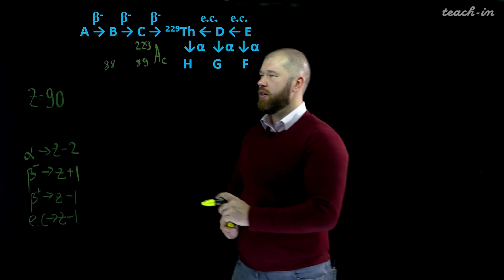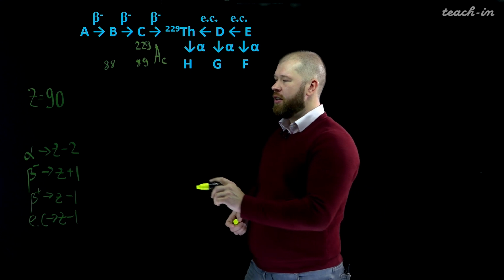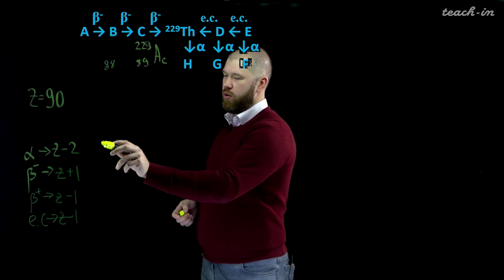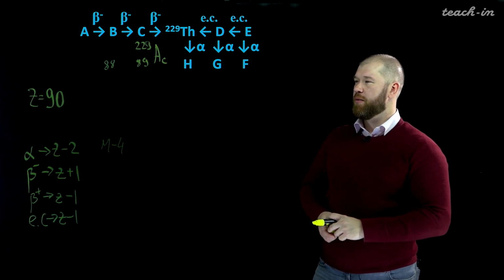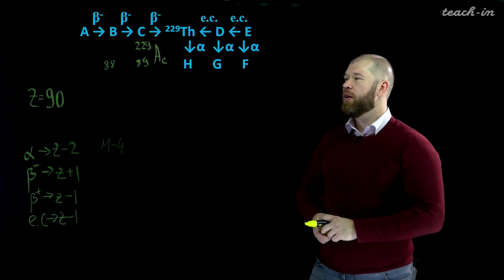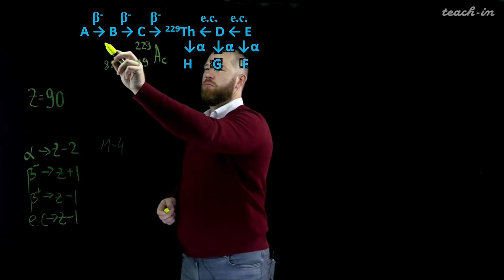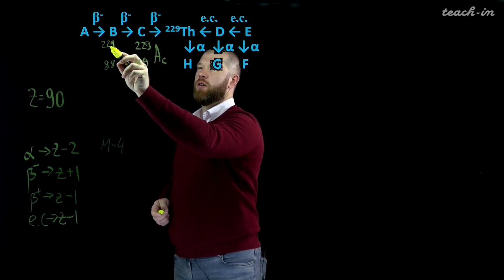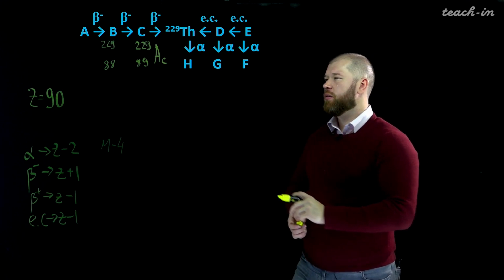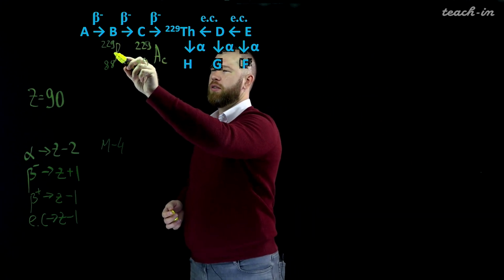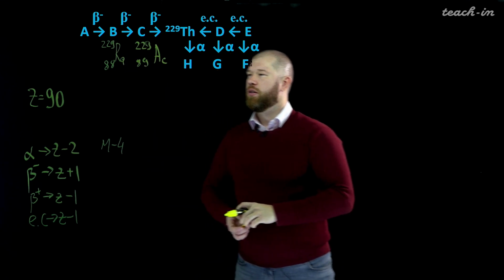It is just a small reminder again that the mass changes only in the case of alpha decay, by 4. Thus we can write that it is 229. And again, we go to the periodic table and see that it is radium.